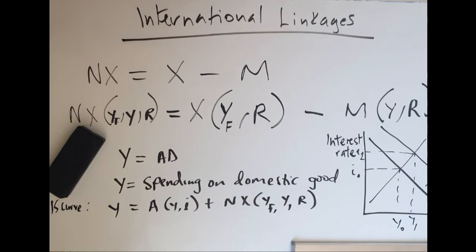It means that your home produced goods are becoming cheaper compared to foreign produced goods. So what will happen to demand? Demand will switch away from foreign produced goods to home produced goods.